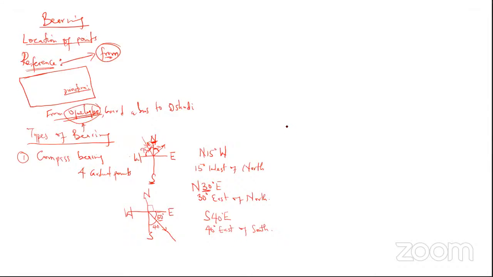So we are going to take some example statements, but let me quickly explain what we mean by the three-digit bearing. When we say three-digit bearing, it means irrespective of anything, we start from the north.